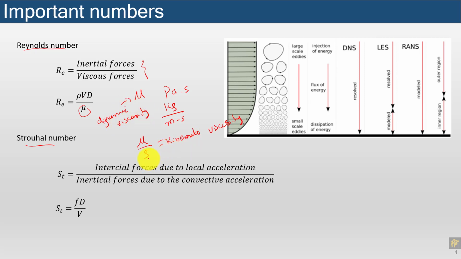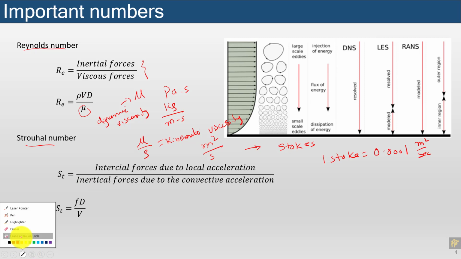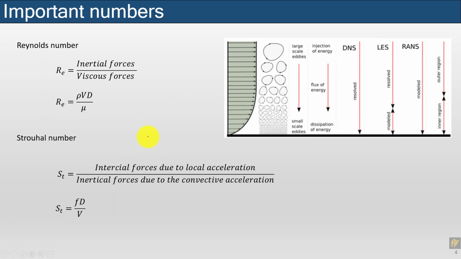If you divide the viscosity by density, after simplification, the units for the kinematic viscosity are meter squared per second. We also denote the kinematic viscosity in Stokes, named after the scientist Stokes, and one Stokes is equal to 0.0001 meter squared per second. Okay, so this is about the Reynolds number and some definitions about the dynamic viscosity and kinematic viscosity.